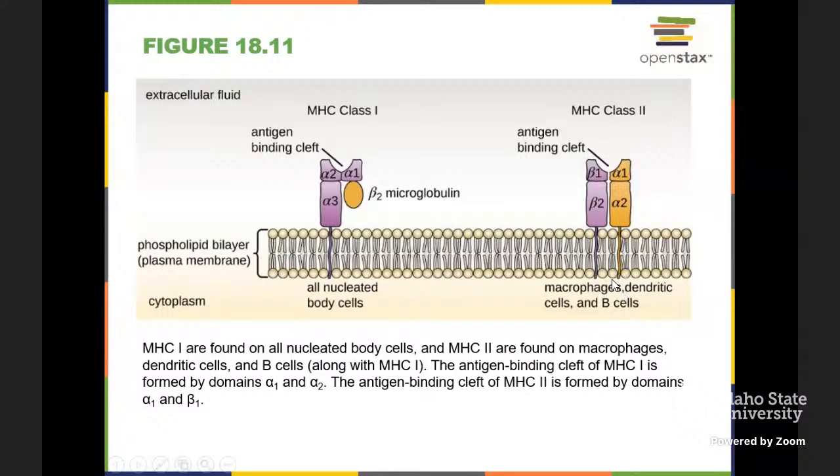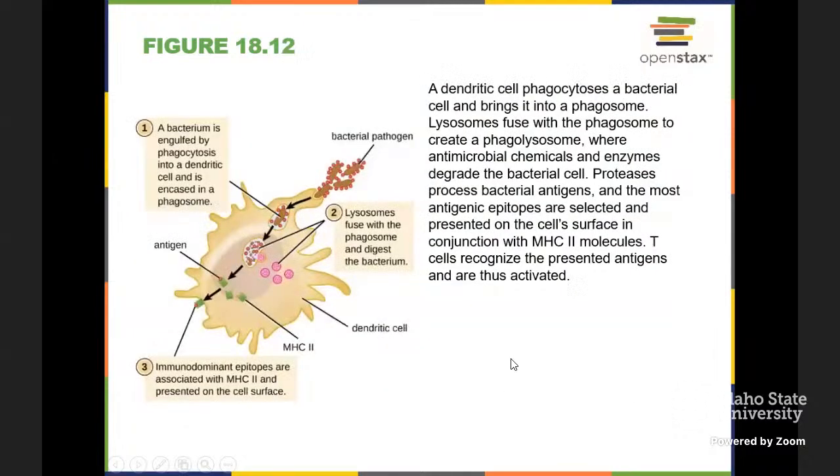So these cells are the show and tell cells, all right, that have the ability to show those epitopes. They also have this, all right? So all nucleated cells, or white blood cells included, have those. So the video showed these dendritic cells going around, sampling everything, destroying and presenting, and really that's the idea.